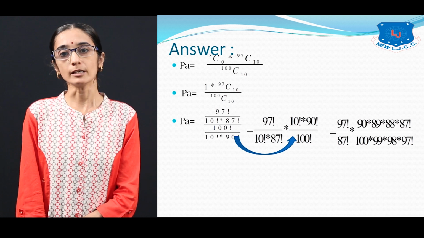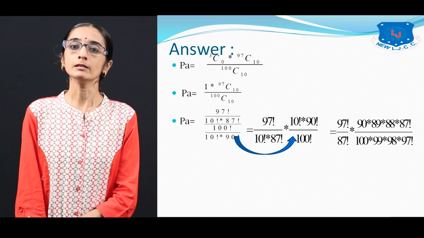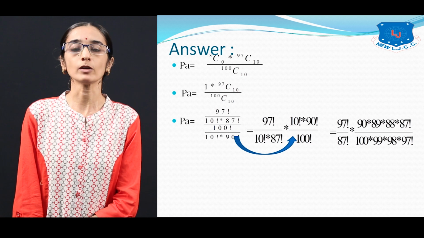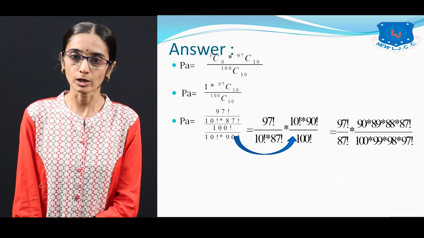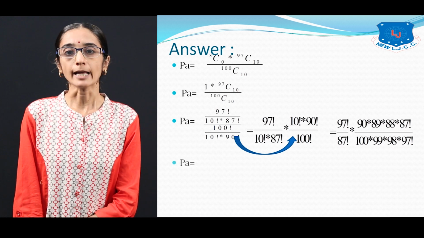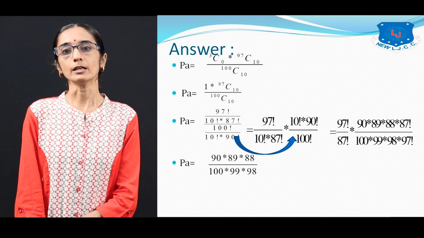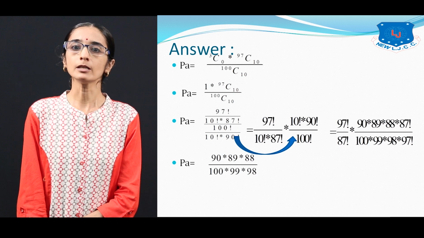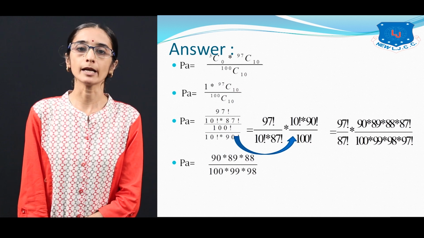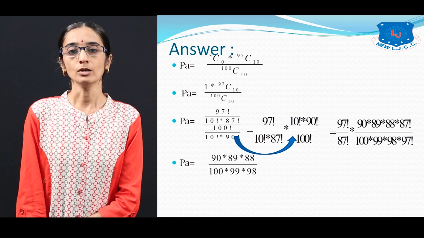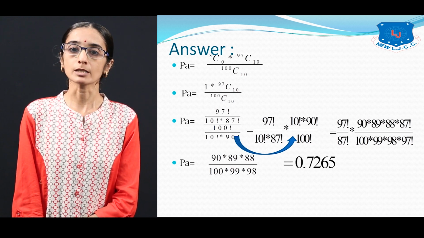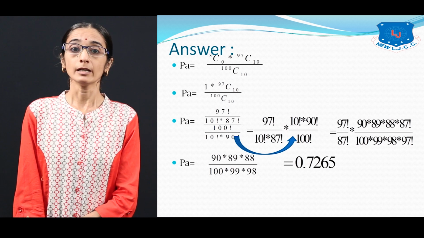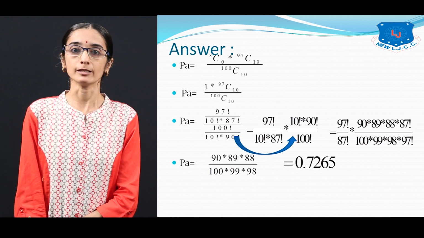Now 97 factorial will be cancelled, and at the same time 87 factorial will also be cancelled. So the final PA value will be just 90 into 89 into 88 upon 100 into 99 into 98. So the final answer will come out to be 0.7265. It seems really a difficult method, isn't it?